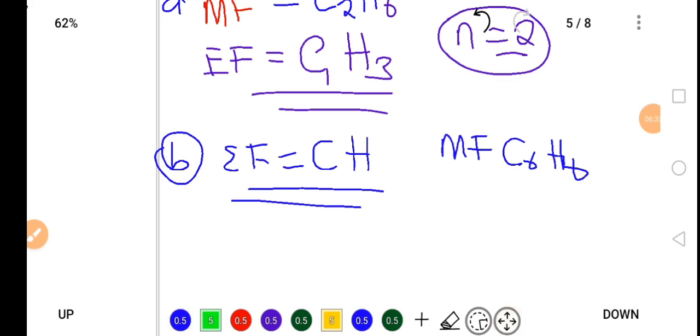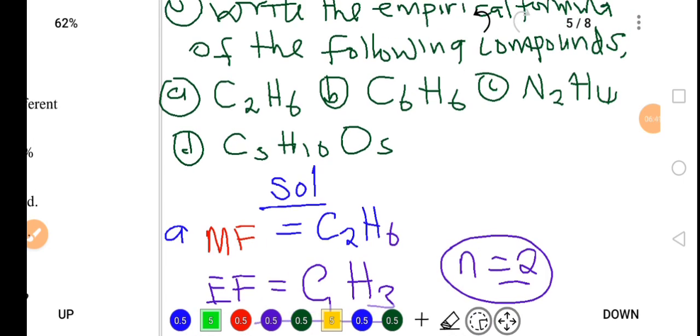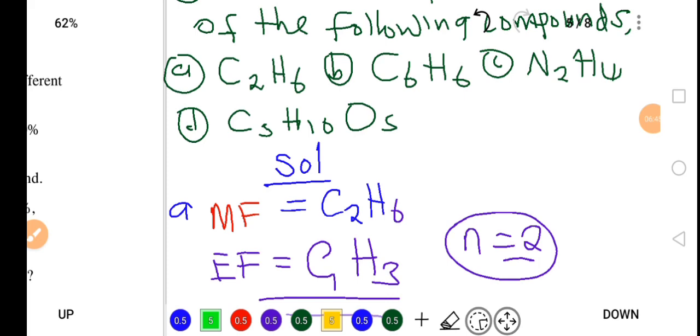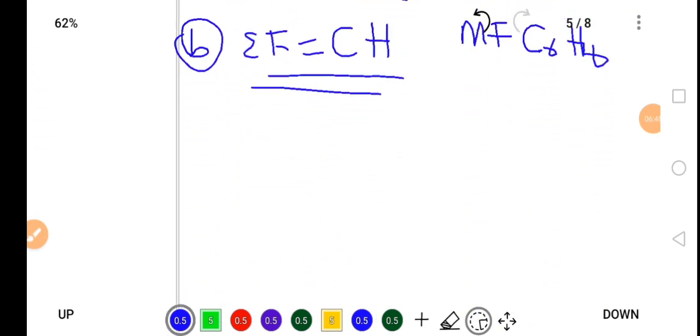Then for C, N2H4, which is hydrazine, the molecular formula equals N2H4.